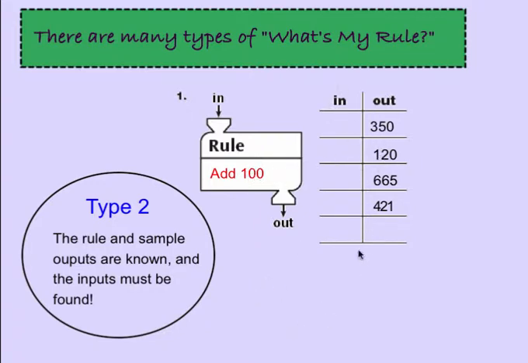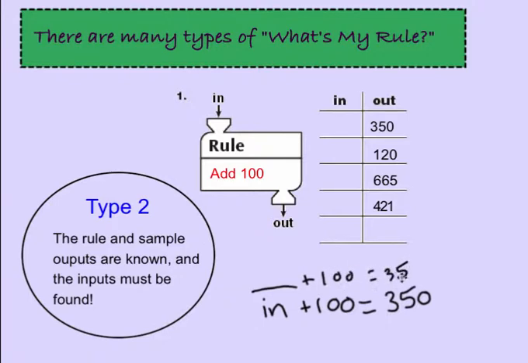If I don't know the number that's going in, I might write in plus 100 equals 350, because I know we're ending up with 350. I know we have to add 100, but I don't know what's going in. So something plus 100 is going to get me 350. Well, if I think to myself, what number plus 100 gets me to 350?